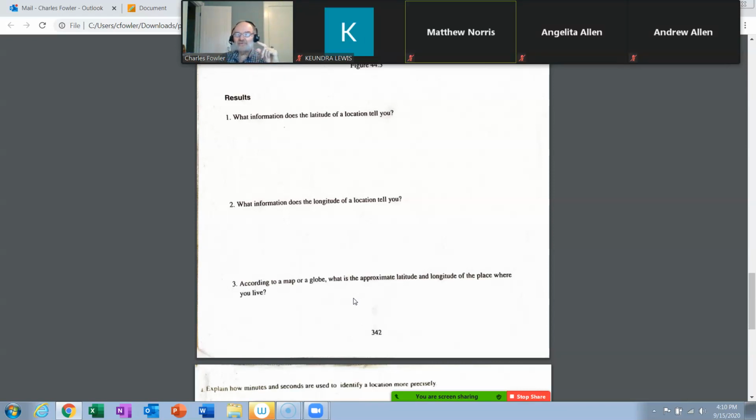Same thing with longitude. Sometimes they'll give the pluses to the east, the minuses to the west. We're in the west, so if you find that you're at a minus 89, you can write that as 89 degrees, so many minutes, so many seconds west.